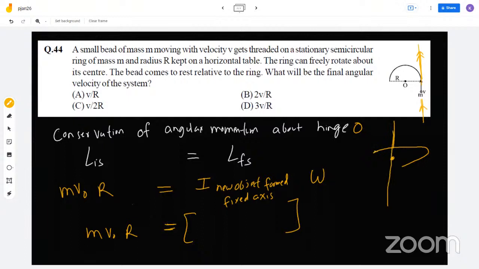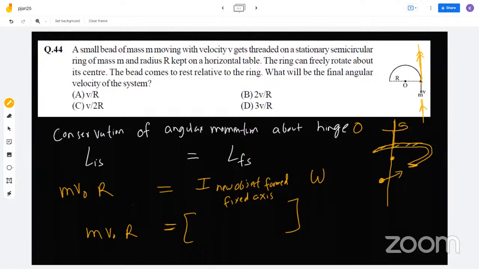So the way we did this, R into dx. See Arav, this is the semicircular ring, it was like this, right? And here a particle comes and strikes it. This is the isometric view of this arrangement.